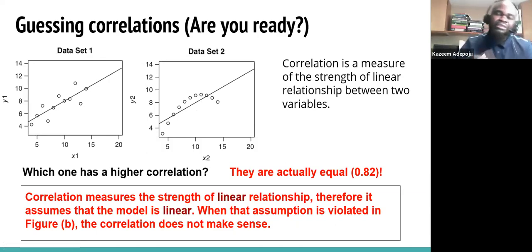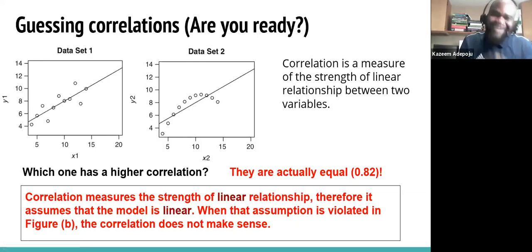This is part of regression diagnostics, because when you run a linear regression, correlation will be part of the regression output. Before you interpret that correlation result, you need a scatter plot to see the shape of the relationship.